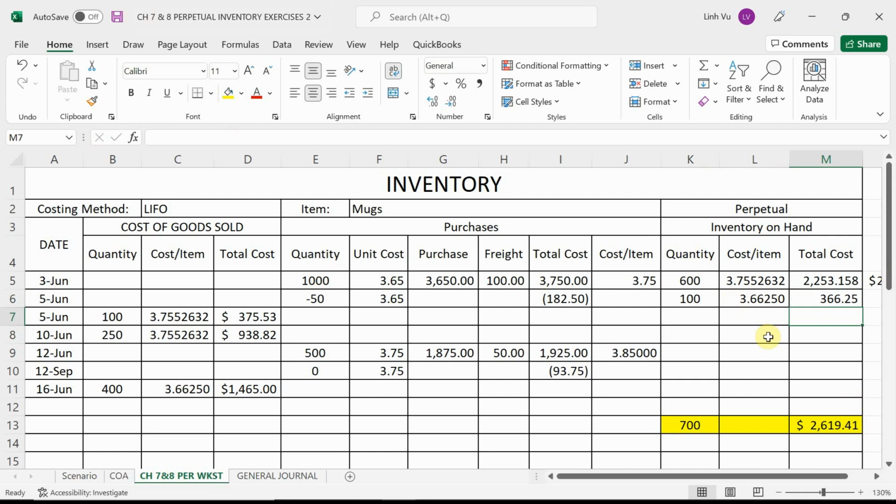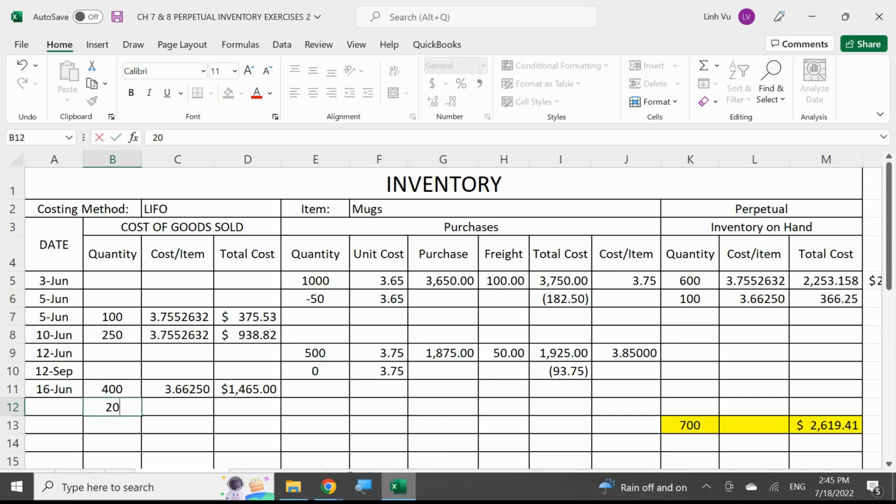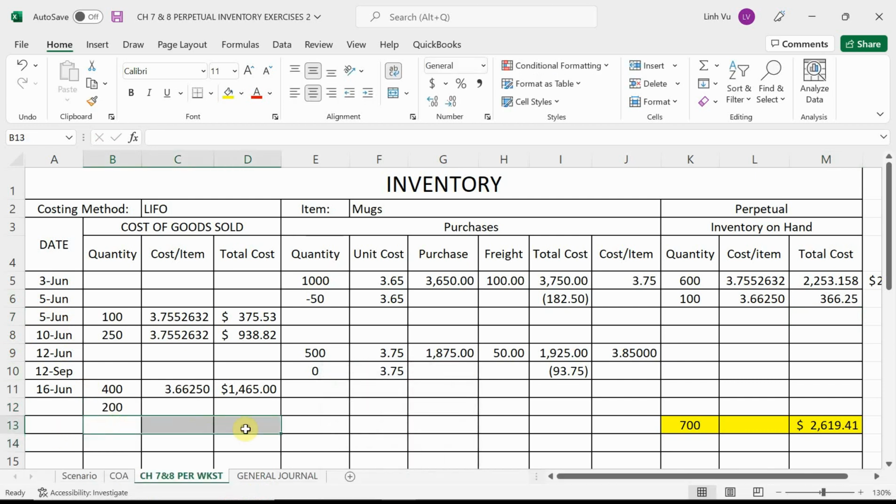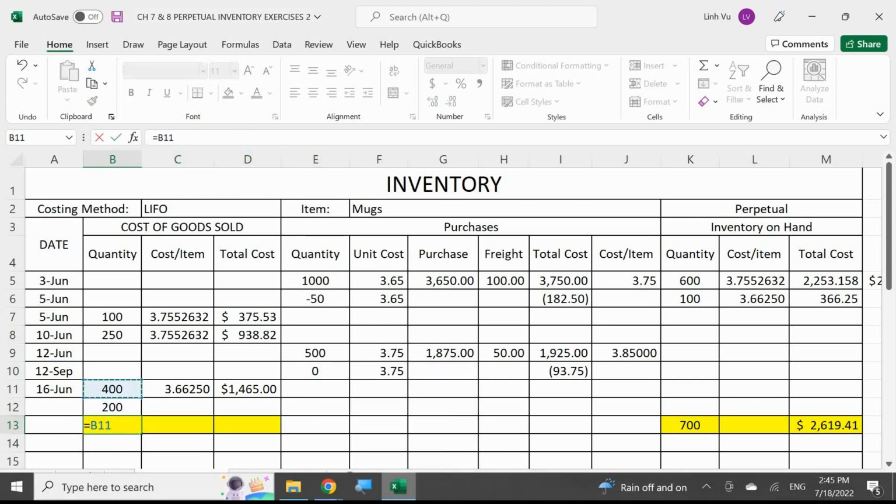Good. So that's my first batch that I sold. Then how many more do I need to keep selling? We take 200 out of that first 600 left.